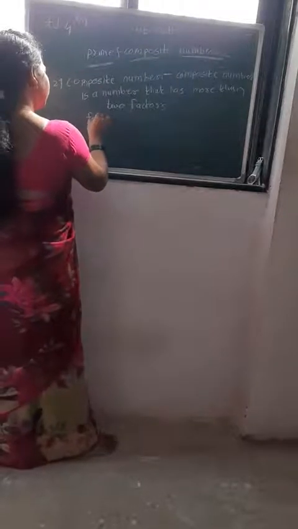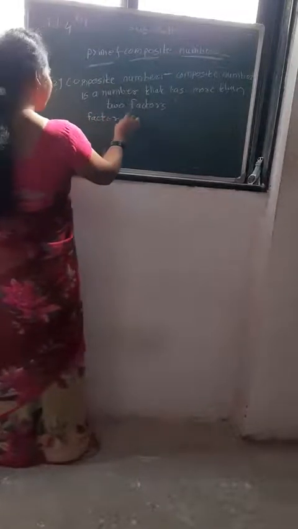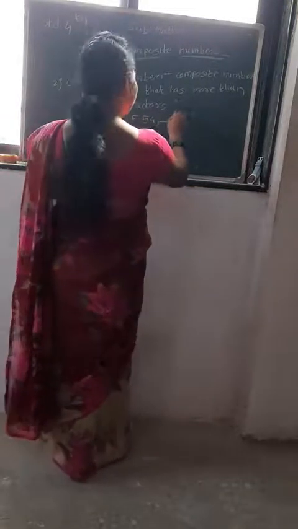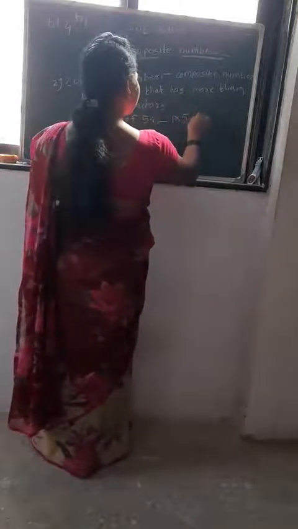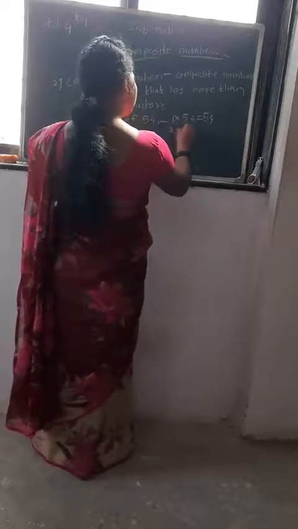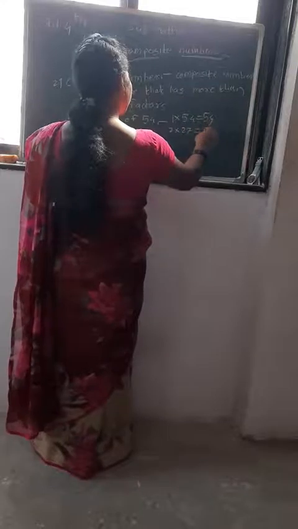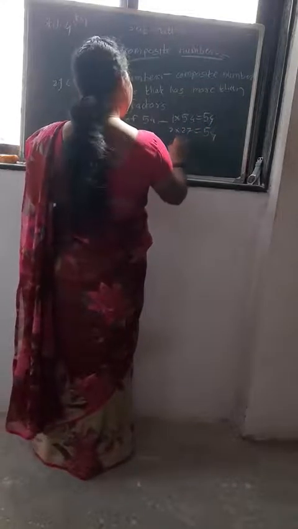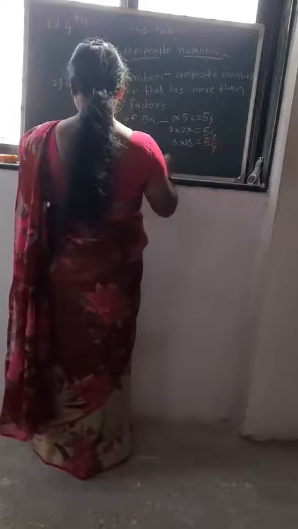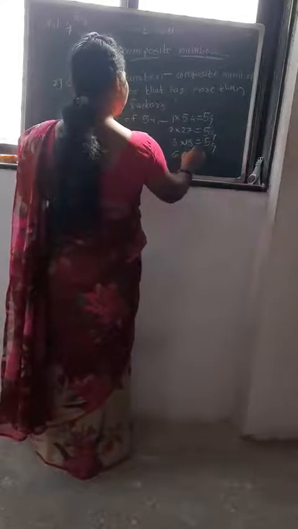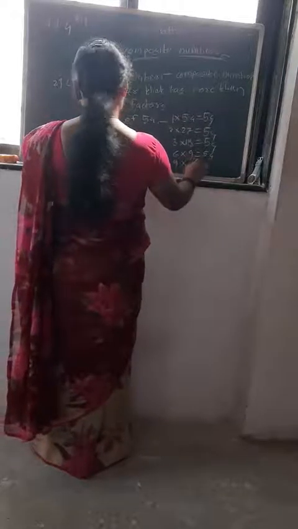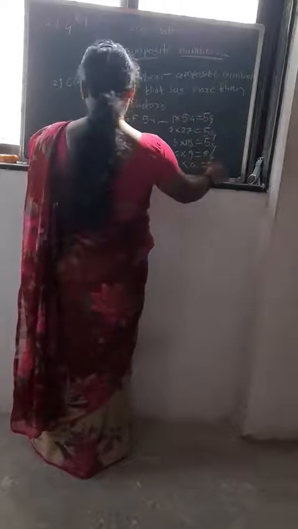Factors, for example, factors of 54: 1 multiplied with 54 is equal to 54. 2 multiplied with 27 is equal to 54. 3 multiplied by 18 is equal to 54. 6 multiplied with 9 is equal to 54. 9 multiplied with 6 is equal to 54.